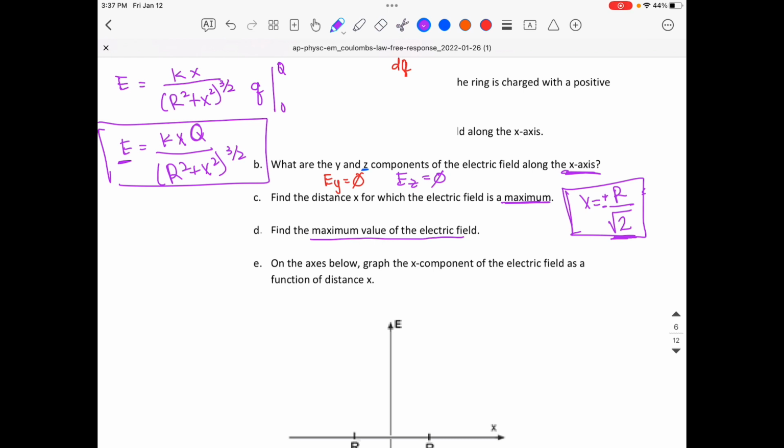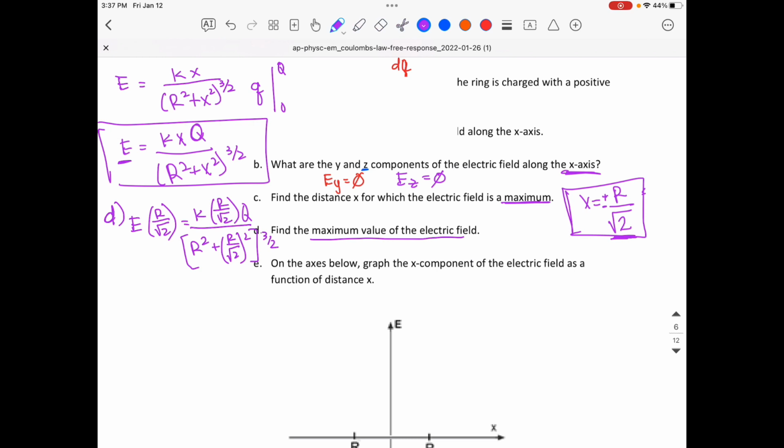So in this scenario, my question part D is finding the electric field at R over root 2. We'll start with a positive, which is equal to K R over root 2 times Q, all over R squared plus R over root 2 squared to the 3/2.